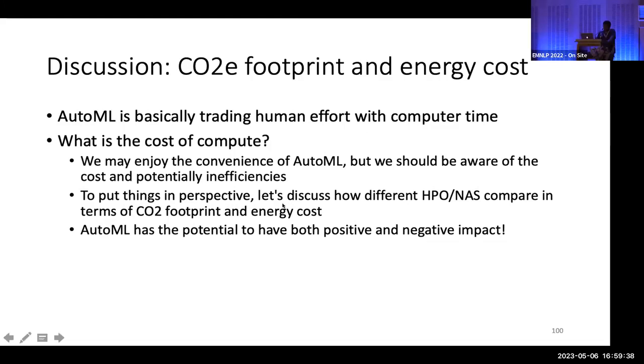Looking at energy costs and carbon footprint is important going forward. AutoML has both good and bad potential impacts. You can run AutoML in a crazy way in which you cause a lot of carbon footprint, but you can also run it responsibly, and that actually saves you compute compared to a very exhaustive search.